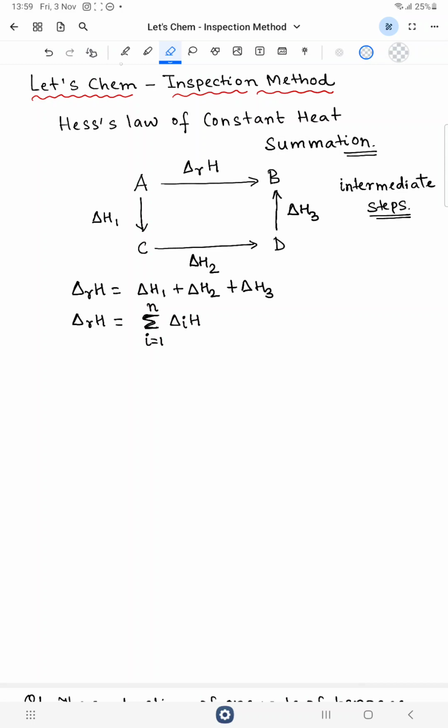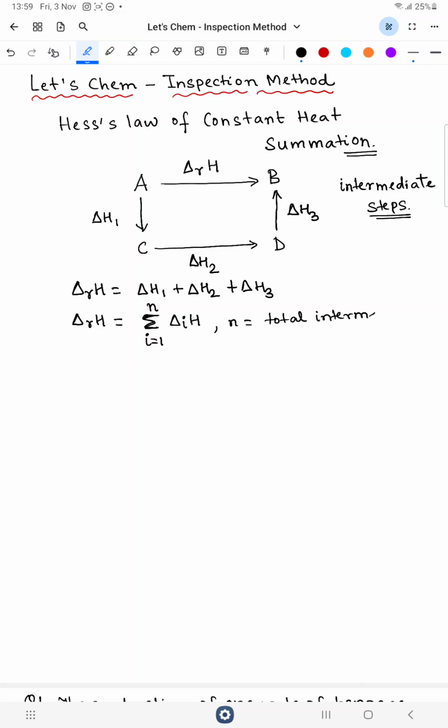What is the meaning of n? n stands for the total intermediate steps. So if the n value is, let's say, 5, then delta RH will be delta H1 plus delta H2 plus delta H3 plus delta H4 plus delta H5. So this will simplify the solution for us.